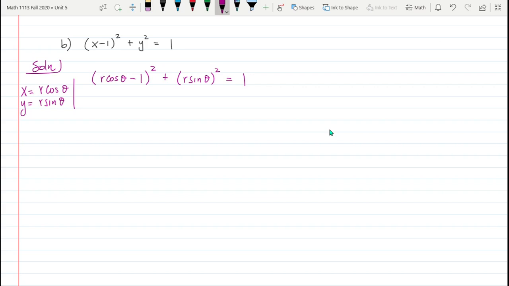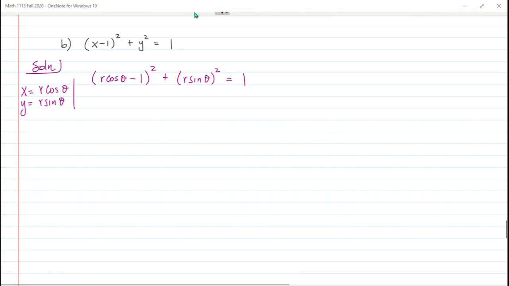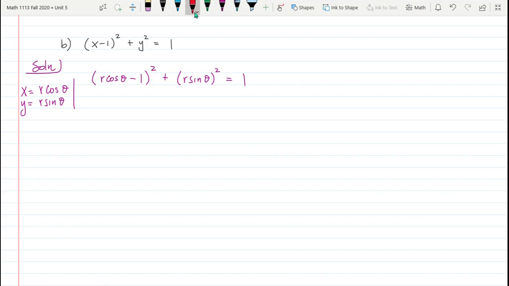Now don't be quick to bring in that square like this, that's not correct. The problem why it's not correct is because it has that minus 1, that's two terms, right?